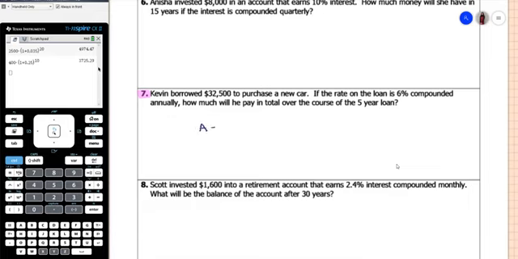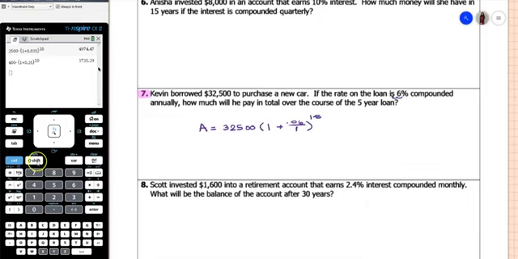So the amount will equal his principal amount times 1 plus the rate as a decimal, move it twice, 0.06, over the number of times it's compounded in a year. If it's compounded annually, that's only happening once every year. And then that 1 goes in our exponent as well. And then how long we have this for is 5 years.